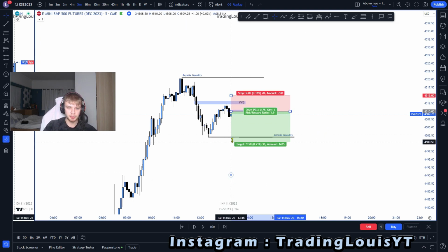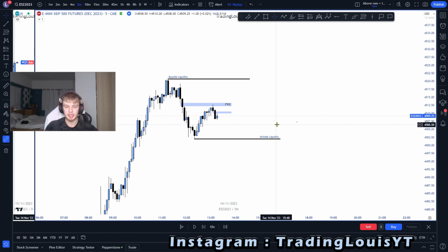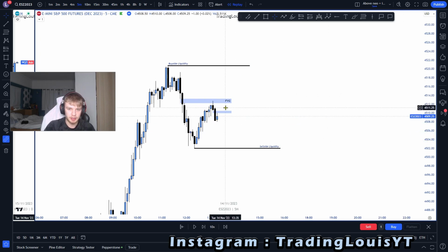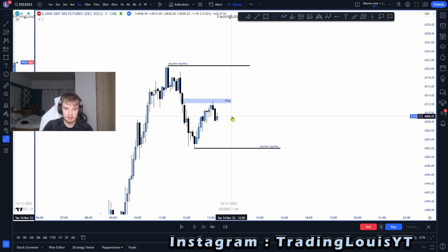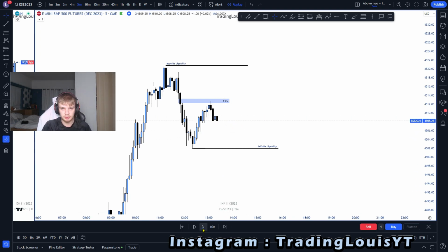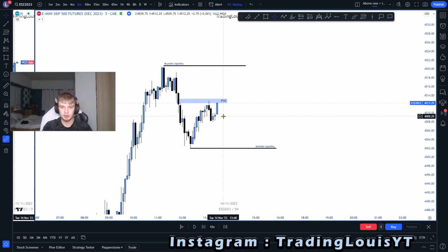I wanted my model ultimately, which is to create another bullish fair value gap and for it to be violated. So if this was actually a bullish fair value gap and it got violated, then I would definitely be getting into a trade. But because it is a bearish fair value gap, I was not going to short this.